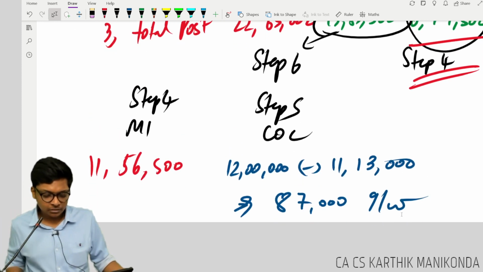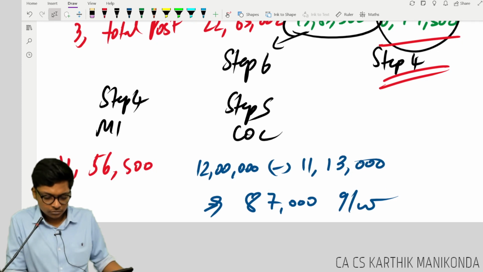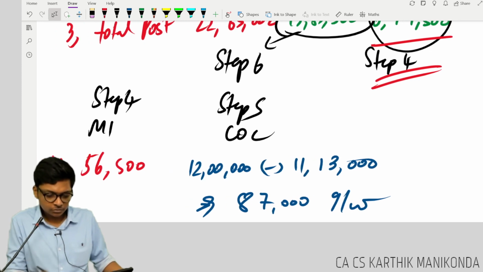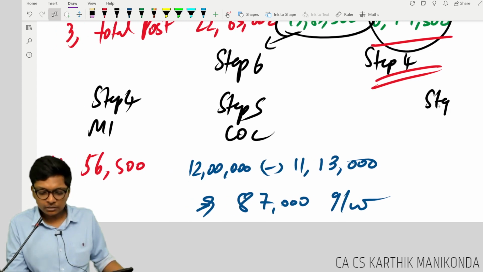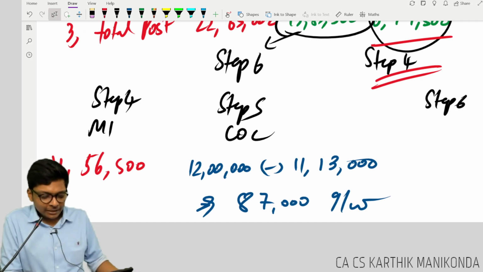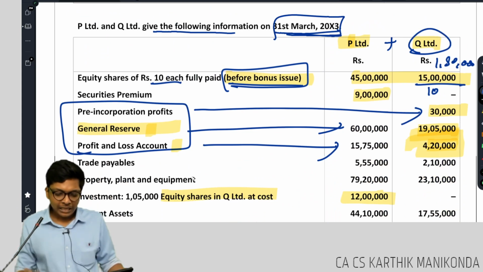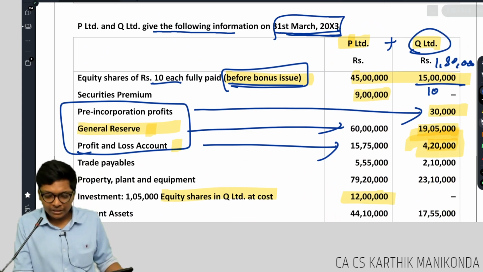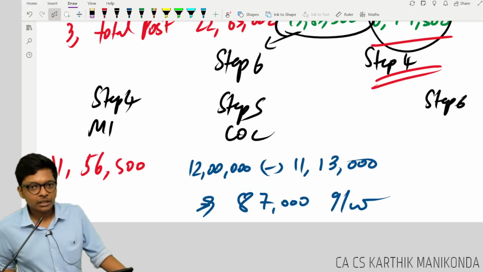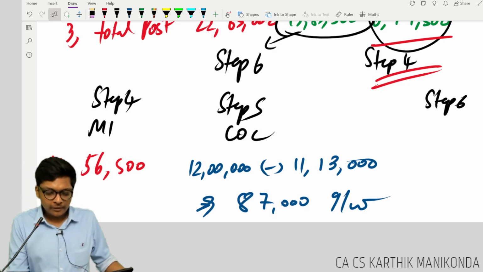What is step 6, sir? Step 6 will be the holding company's profit. Okay, I'll do step 6 separately. Let me do step 6 separately.